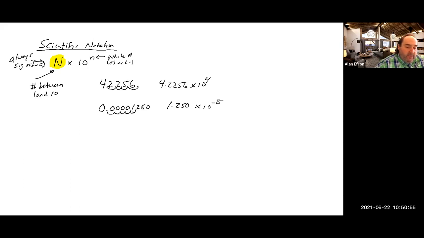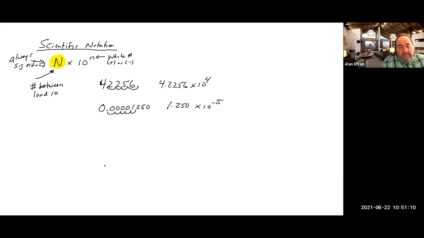So what does that mean? Well, when we take a number that's written in positional notation, sometimes called decimal form, regular form, and take it to scientific notation, we should never lose significant figures when we do that.